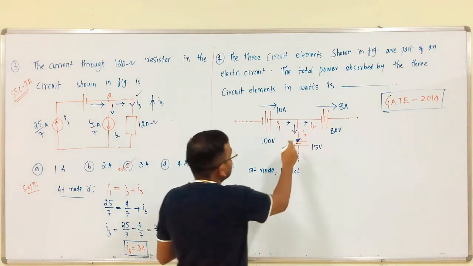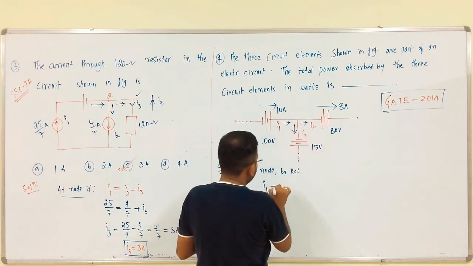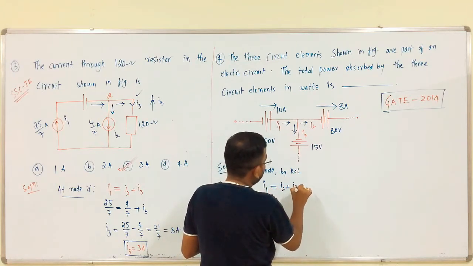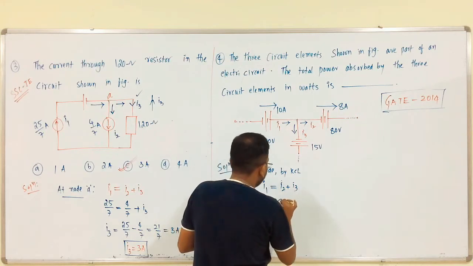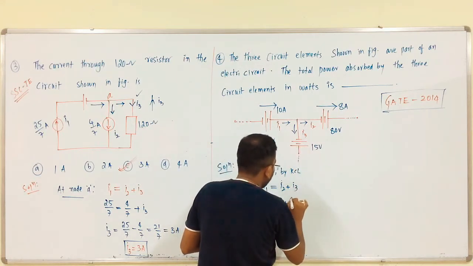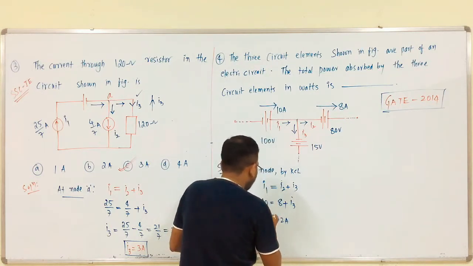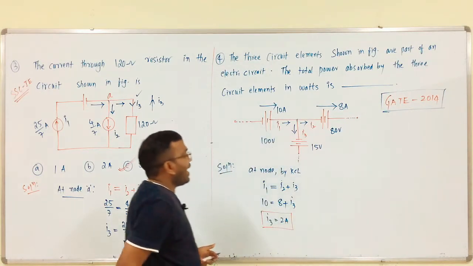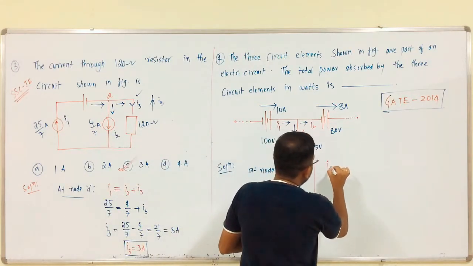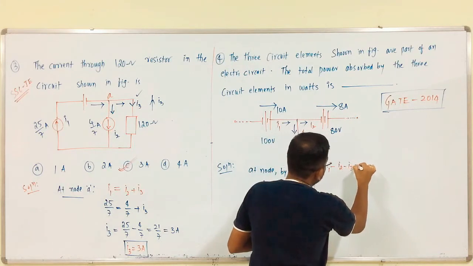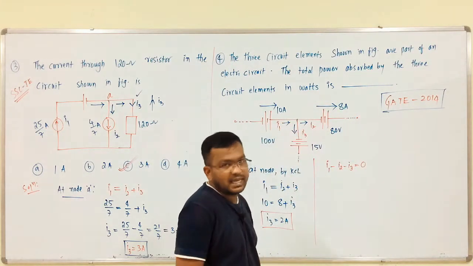So, I1 is entering, which equals I2 plus I3. I1 is 10, I2 is 8 given, I3 we do not know. So, from this I3 equals 2 amps. So, I1 minus I2 minus I3 equals 0. The summation of currents at this node equals 0, that is KCL.